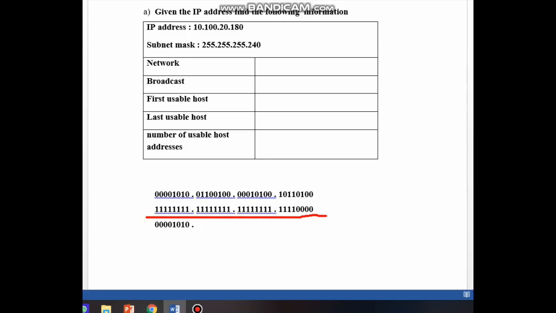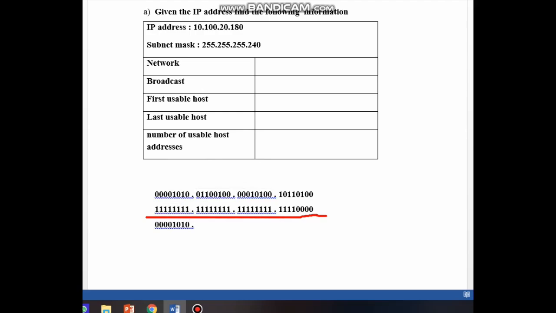Right, so if you see over here, let's just inspect this a little bit. In the first octet we had 00001010, and if we ANDed that with all ones, we ended up getting what we initially had, 00001010.